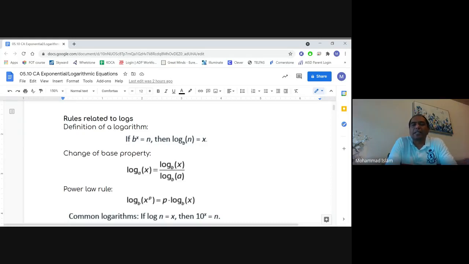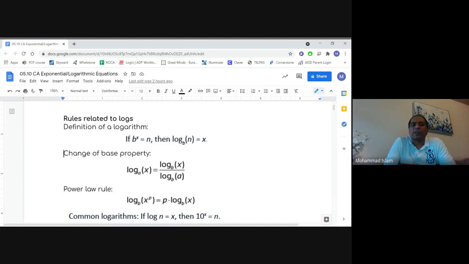So in the case of a log, x is the exponent of an exponential term. If you remember this relationship, it will help you because you may need to switch from an exponential expression to the logarithmic expression, or the other way around.